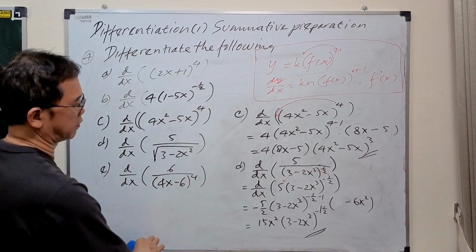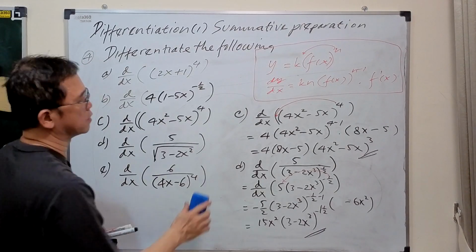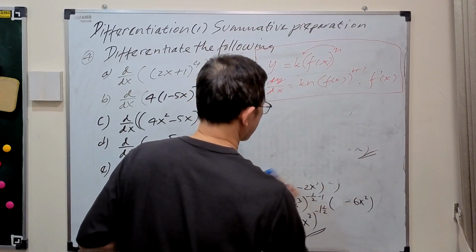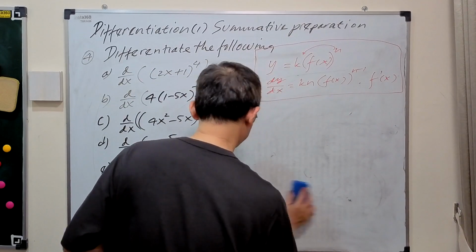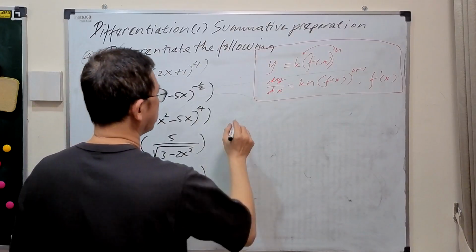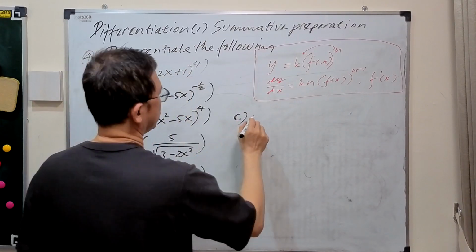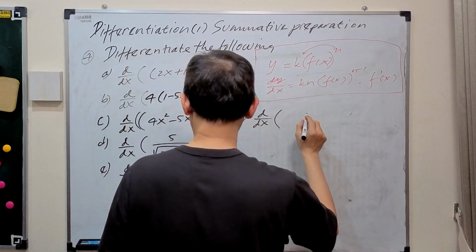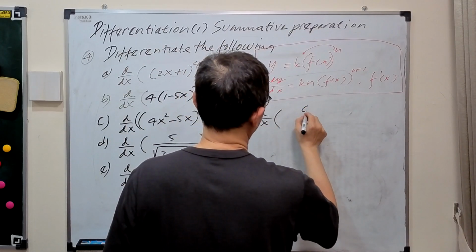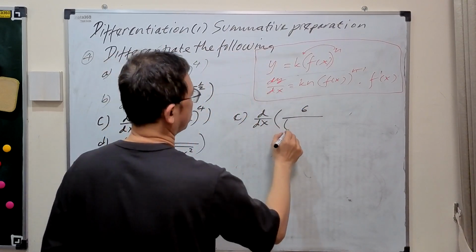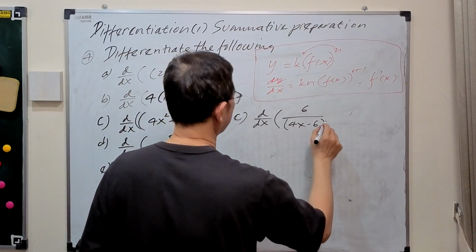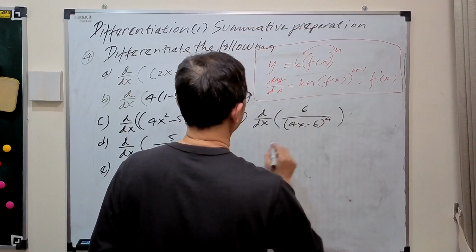Okay, let's answer the last, the E. For E, d over dx of 6 over 4x minus 6 to the power of 4.